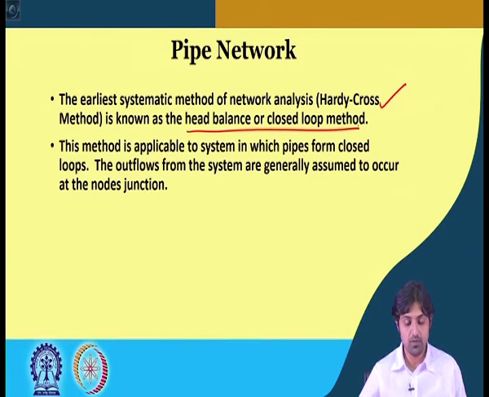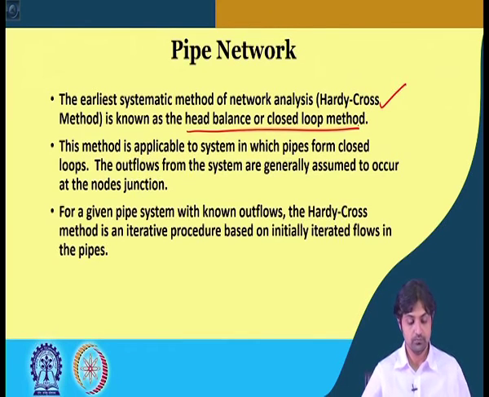This particular method is applicable to a system in which pipes form closed loops. The outflows from the system are generally assumed to occur at the junction nodes. For a given pipe system with known outflows, the Hardy-Cross method is an iterative procedure based on initially assumed flows in pipes. So, Hardy-Cross method has a set rule and procedure, but for the solution it is an iterative procedure.